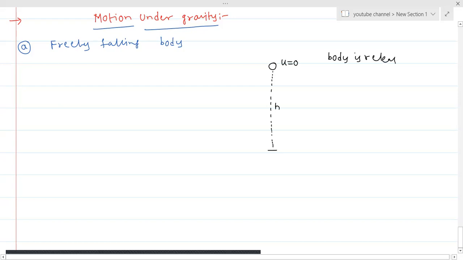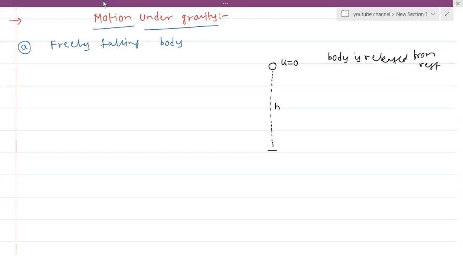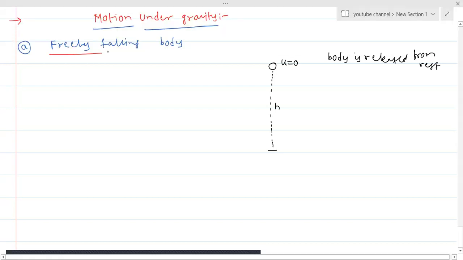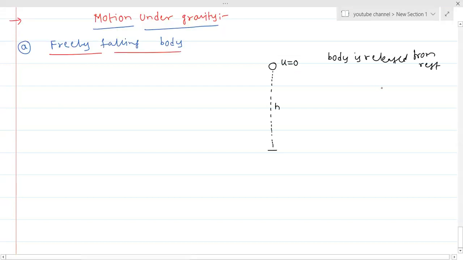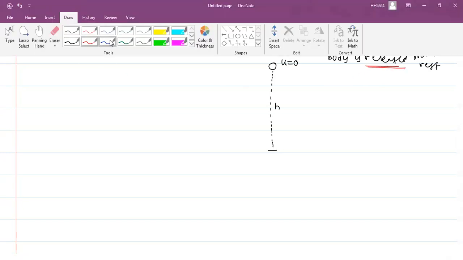So we have a question like this: when the body is released from rest, we need to understand it as a freely falling body. Released from rest, initial velocity equivalent to 0.